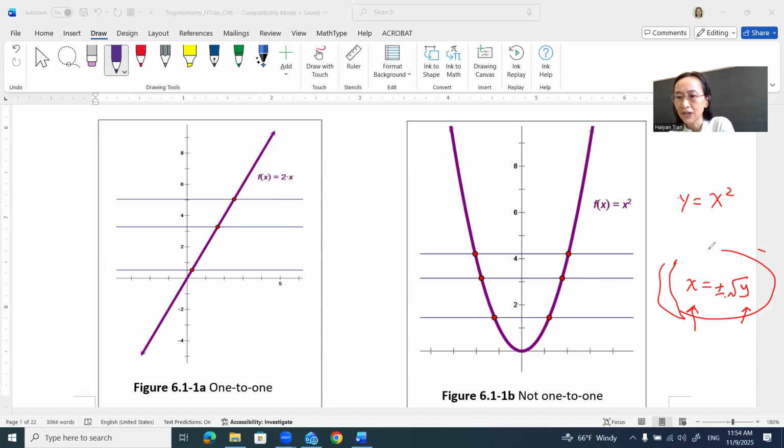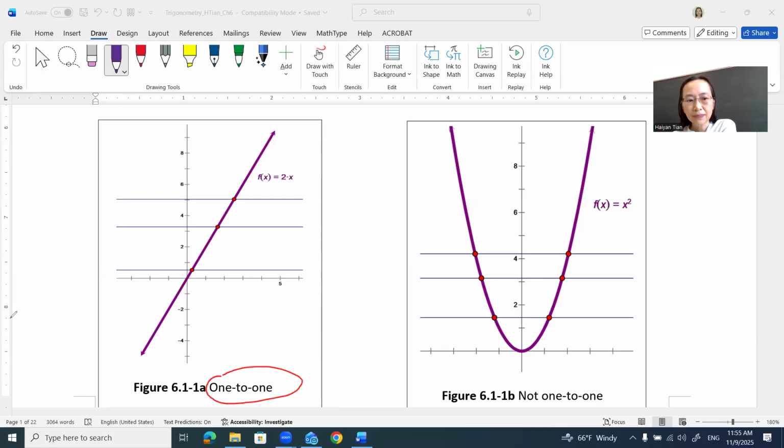So we cannot invert the given x square function, because if you try, you will get two possible x that is not a function for each y. So what we see is that in order to find the inverse, we require the function to be one-to-one.